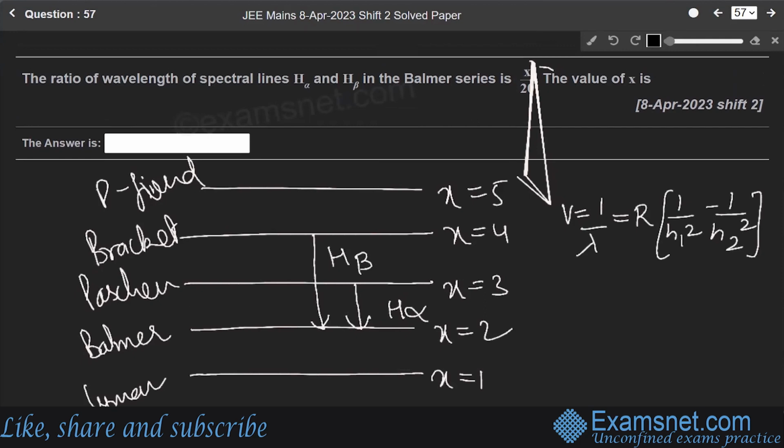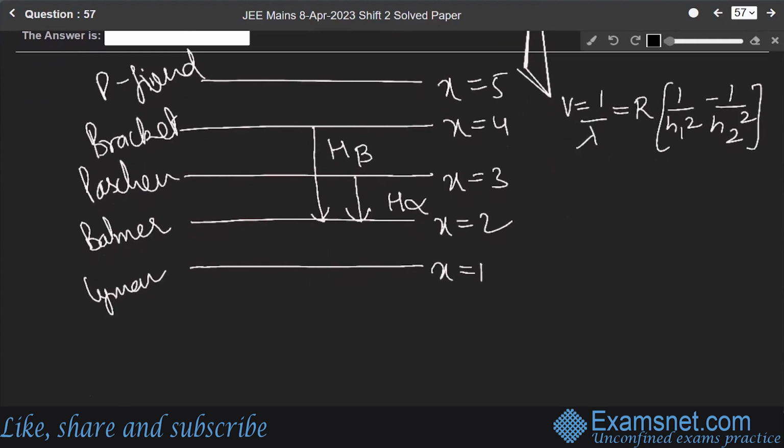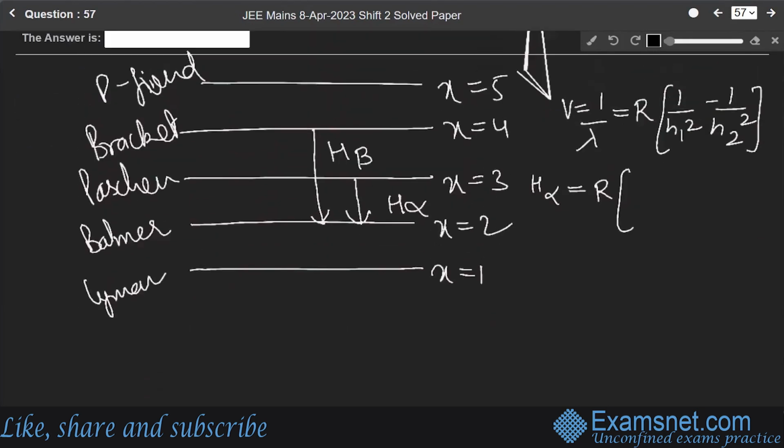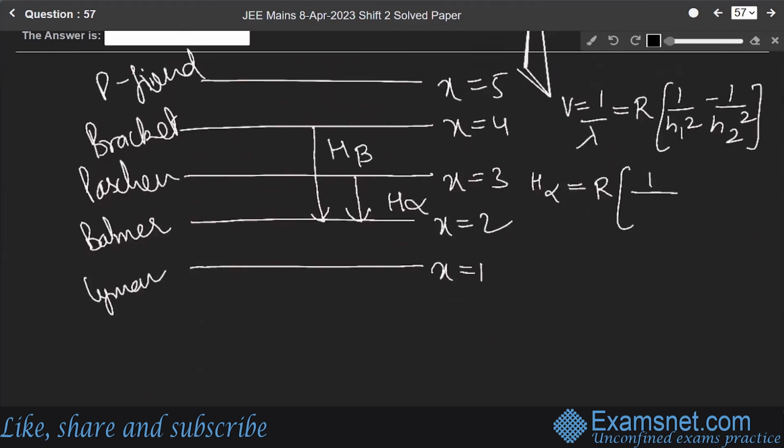Now we have to find the ratio of H alpha and H beta. For H alpha, it will become R into 1 over n1 square, n1 is always 2, so 2 square is 4, minus 1 over 3 square, 9. H alpha is coming from 3 to 2.